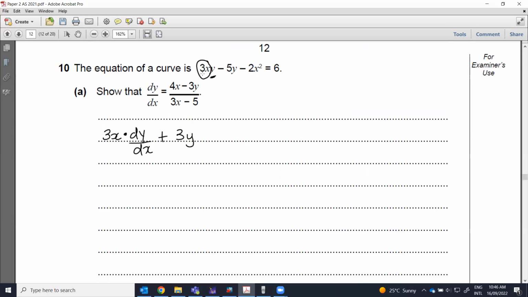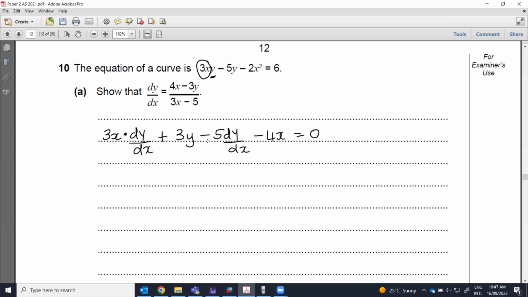That's how we use the product rule to differentiate this one. Then minus the derivative of 5y, which is just 5 dy/dx. Then the derivative of this one, this 2 will come down and multiply with the 2 there. I have 4, and then at the top, x to the power of 1, which is just x. Then on the right-hand side, the derivative of a constant is 0.